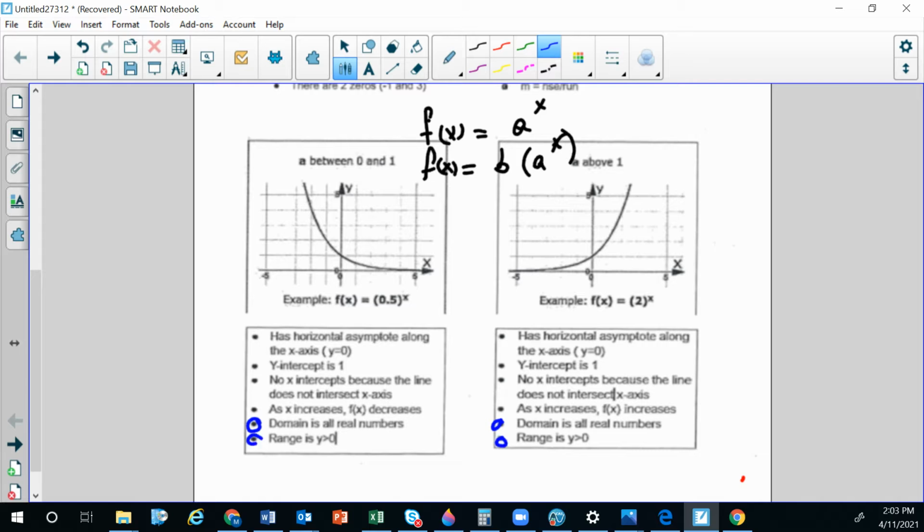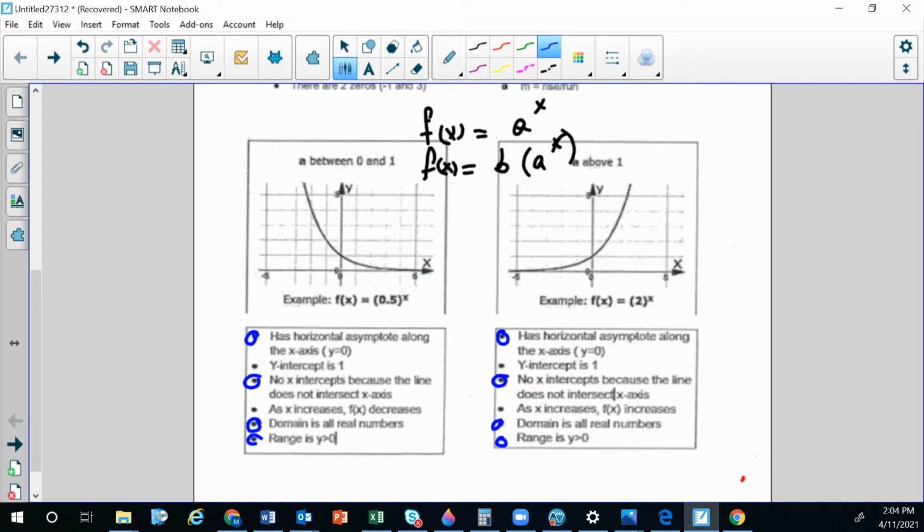And then your horizontal asymptote is going to be the x-axis, which is y equals 0. I want to stress that. All right. And also, there are no x-intercepts because the line does not cross the x-axis. All right, guys. So make sure you get those key points down.